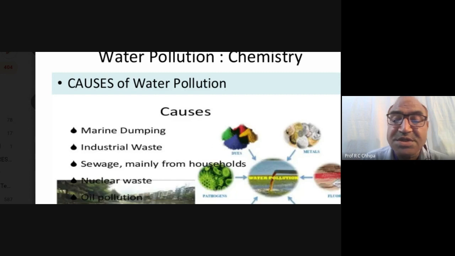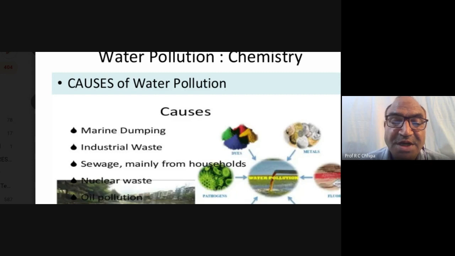So here: marine dumping, industrial waste, and then sewage, mainly from households. This is also because we are using lots of material, lots of items for our sustainability. We have shelter, we have houses, we have certain other activities. So sewage waste comes from household material.